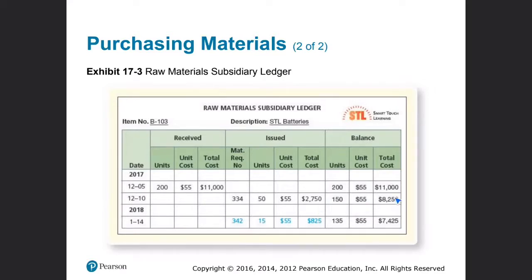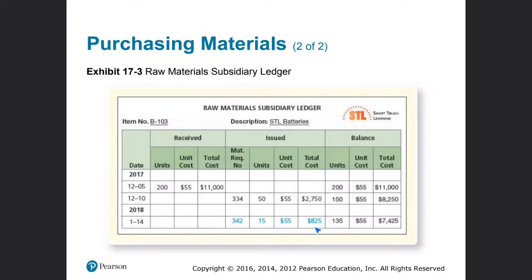And now we have this new balance here of 150 units, same cost, and the total cost that we have in that account has gone down because we only have 150 units. And then on January 14th, we had another material requisition for 15 units. We issued those.